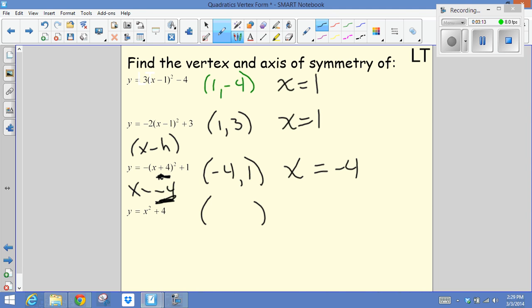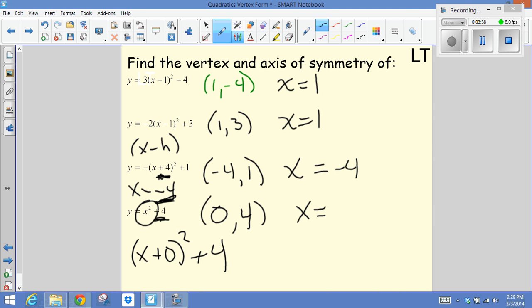And then this one down here, this is being added to the end, so it's my k, it's my 4. But what's being added to this x for my h? Well, nothing. So it's 0. So I could write it like this, (x plus 0) squared plus 4. That's what it really looks like. But of course, we don't put zeros in there, so we just leave it off. But I know that it's 0. And then my axis of symmetry is x equals 0.